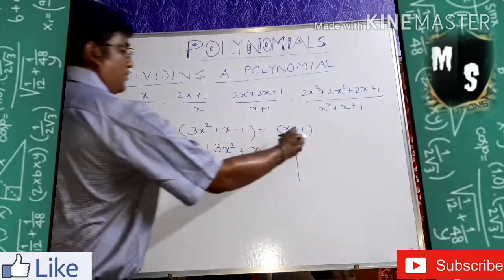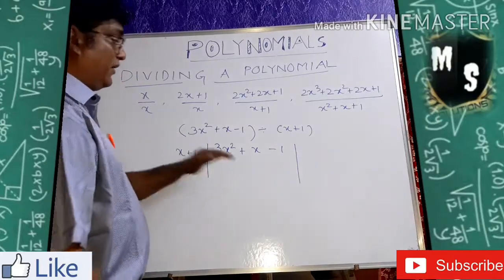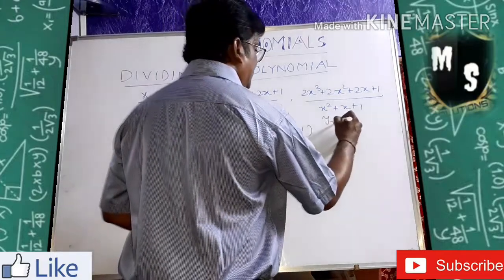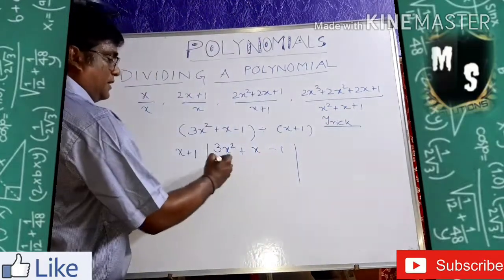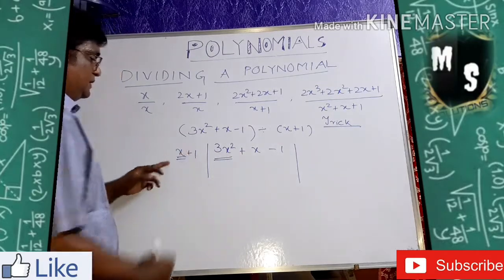Now I am going to divide it with x plus 1. I said a trick is involved. So what is the trick? The first term of the dividend is 3x square. The first term of the divisor is x.